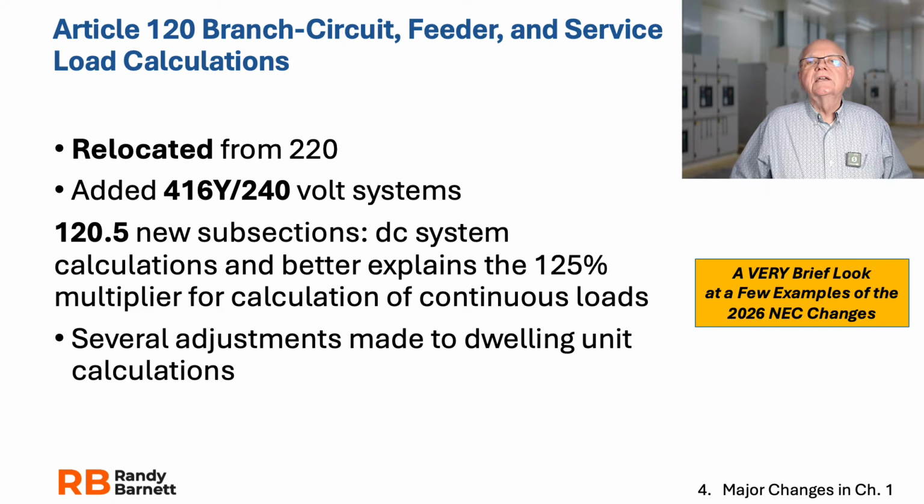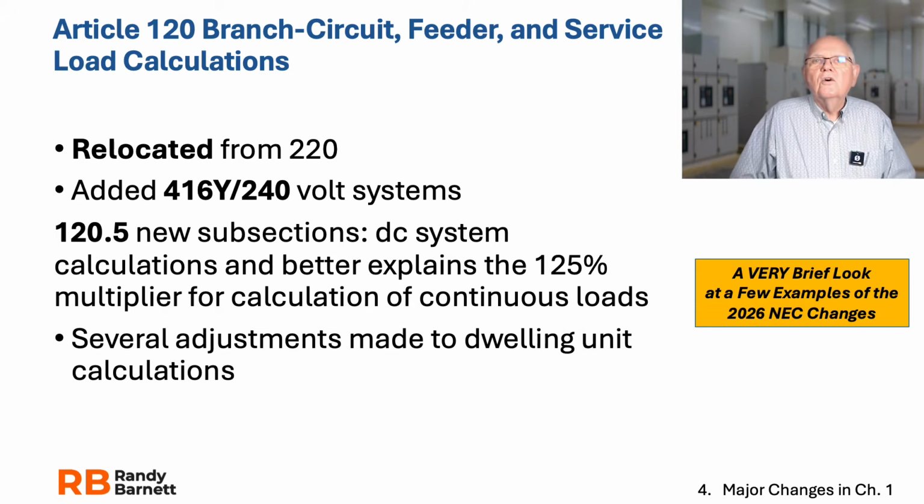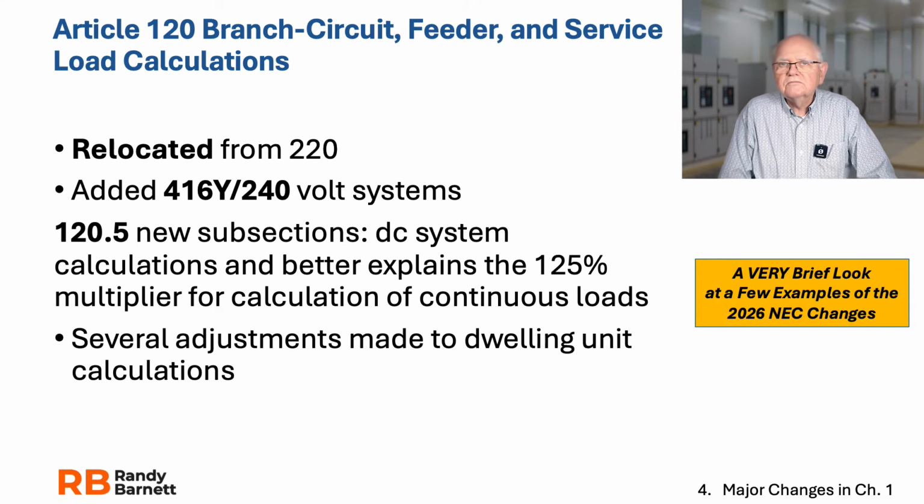That's a good one to take a look at. It says several adjustments were made to dwelling unit calculations. Yes, several of those. So if you get involved in calculations, services, branch circuits, feeders, certainly take a look at the Article 120 changes.